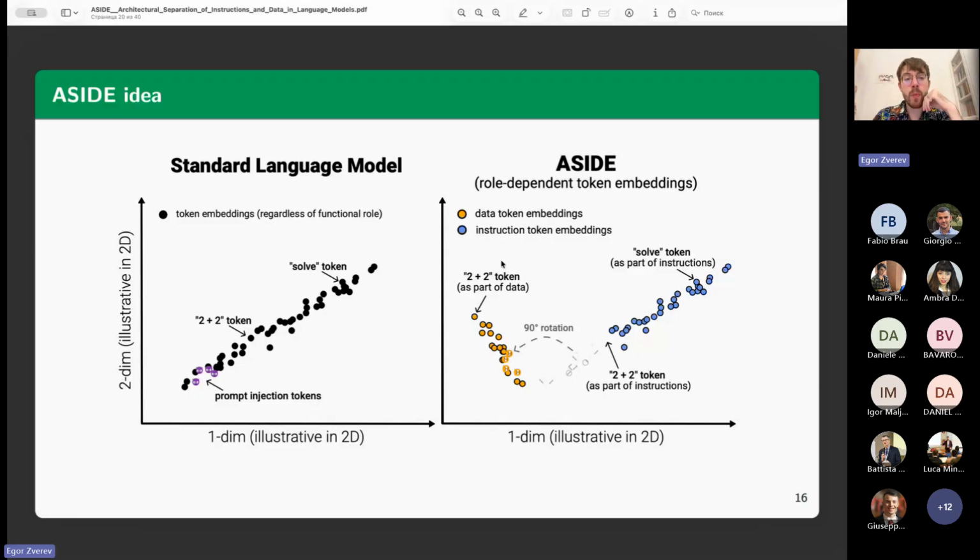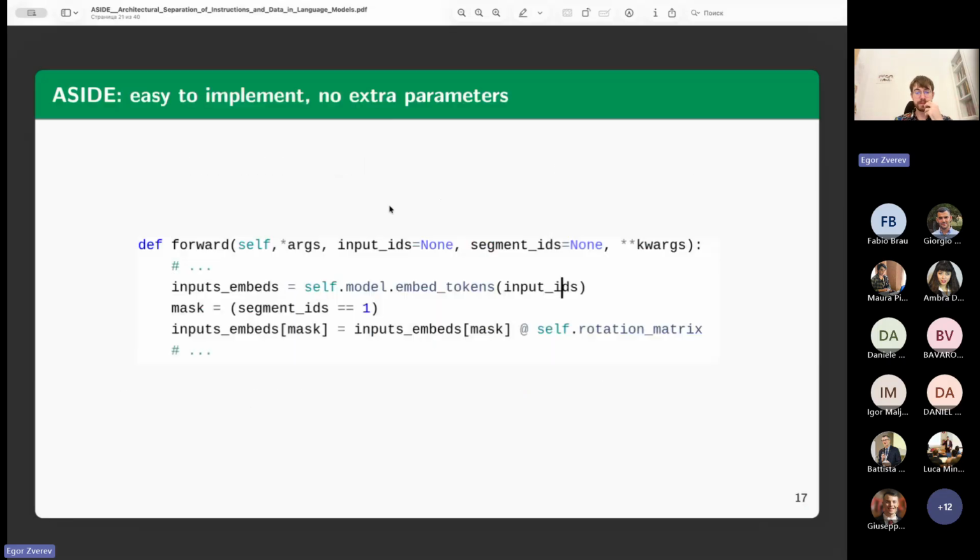Then for a vanilla LLM, we basically have all the instructions, data, and prompt injections represented in one single embedding space. And with ASIDE, we take the parts which are data, and rotate them by 90 degrees. And then also all the prompt injections, which are marked as data, are also rotated by 90 degrees. So if ASIDE actually manages to achieve some kind of perfect separation, then it would be good.